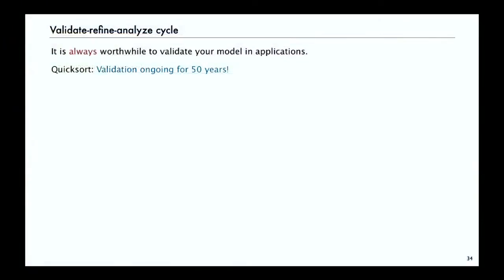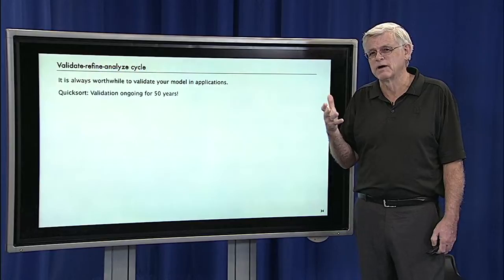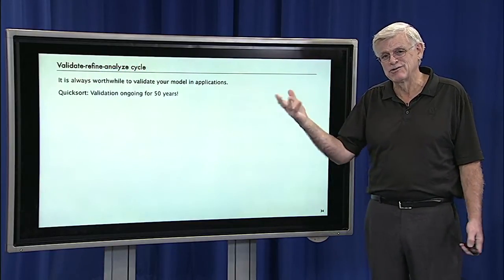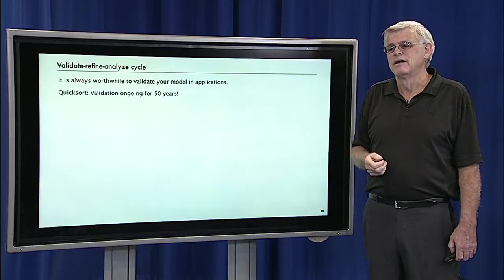Now, as I mentioned, the other thing that really we should do is validate our model in applications. And not many researchers get down into that place, but more and more nowadays, because the running time of algorithms is a very important thing to understand for people who are trying to build new internet companies or trying to analyze huge amounts of scientific data.